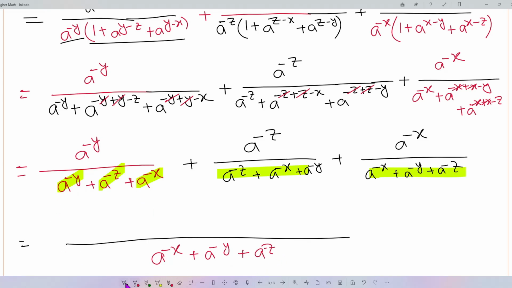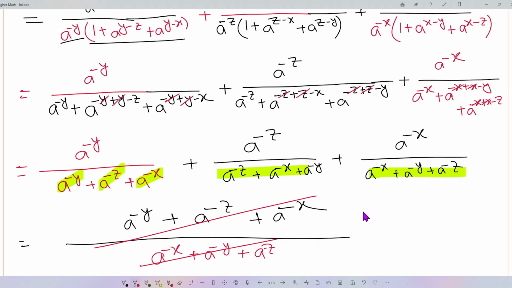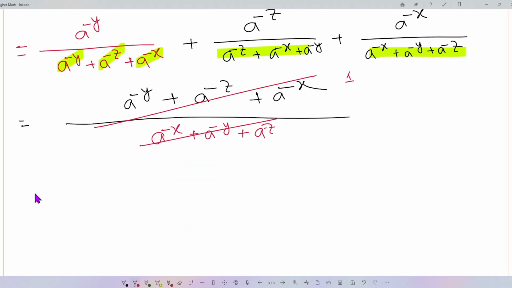So look, once we divide the similar thing, we will get a to the power minus y plus a to the power minus z plus a to the power minus x. So ultimately we can cancel this and we will get the answer 1, right? So our answer is 1.